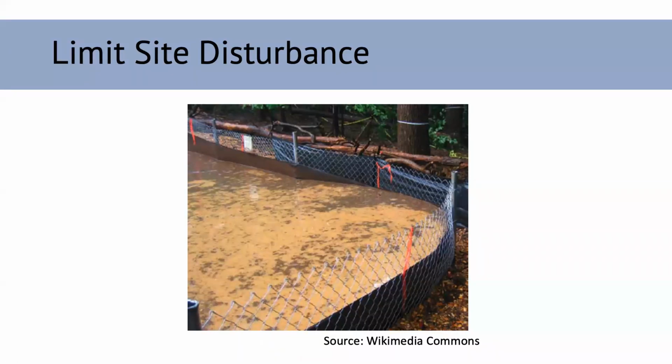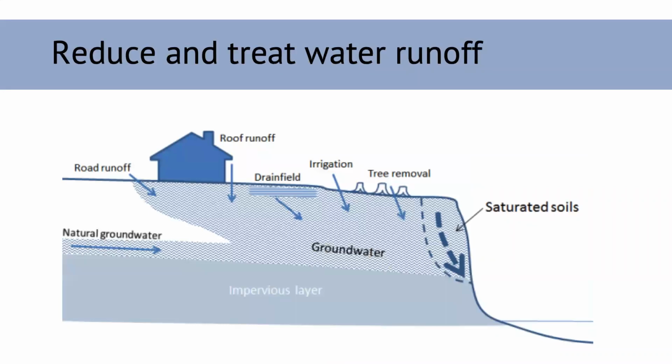Another question is to ask whether the project can minimize the amount of impervious surface, using low impact development and looking for other ways to reduce the quantity and improve the treatment of surface water runoff from the site.